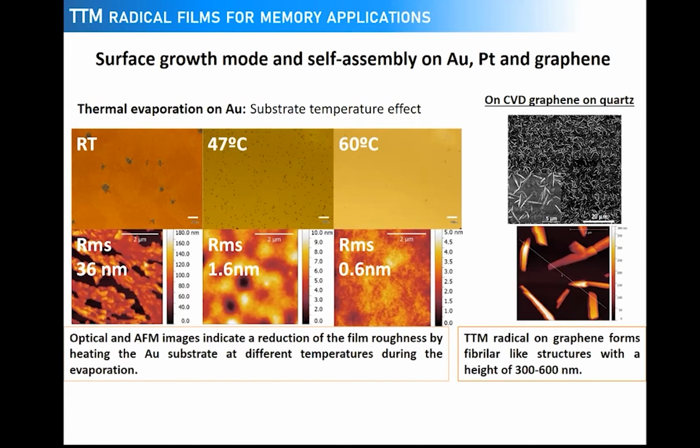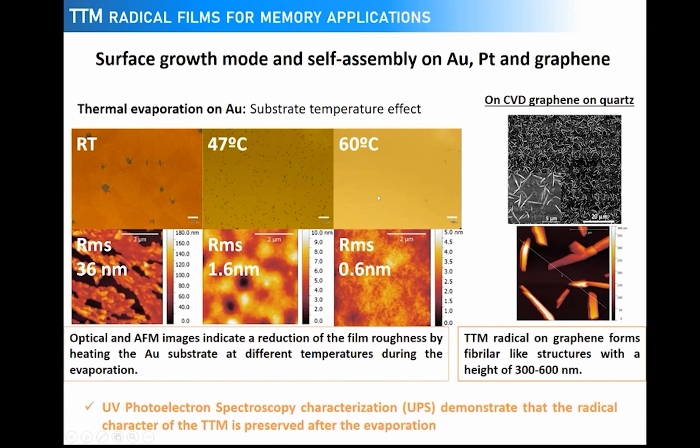Because of this, we could not characterize it electrically, as we had very high irreproducibility, but we could measure the transport through the films deposited on gold and platinum.